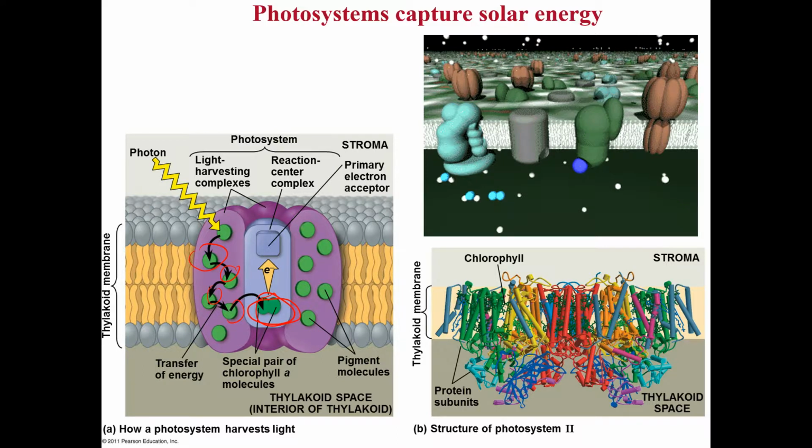Those chlorophyll molecules are excited in this reaction center. Notice that all these pigment molecules are embedded in the membrane of your thylakoid. This is showing you those specific protein complexes, the photosystem, embedded in the membrane of the thylakoid. So it's a highly complex structure.